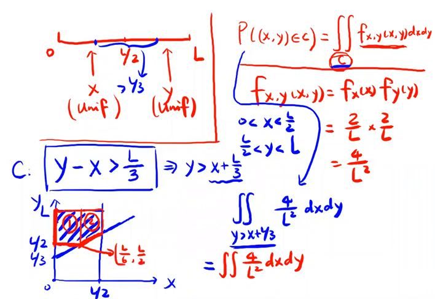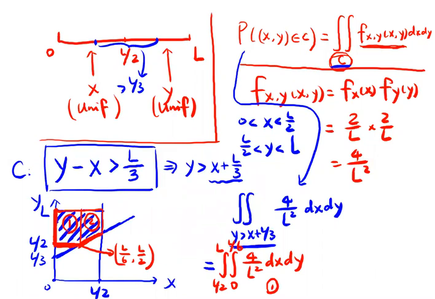So if I do dx first, the range of x is going to be 0 to L over 6, while for y, it's going to be from L over 2 to L, okay? So this is part 1, okay?